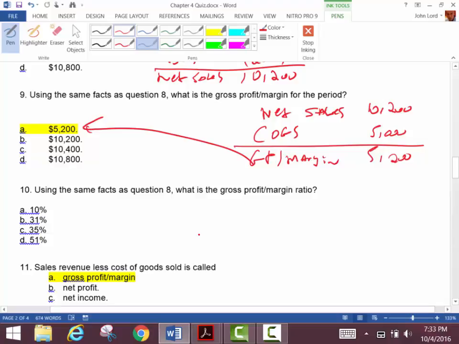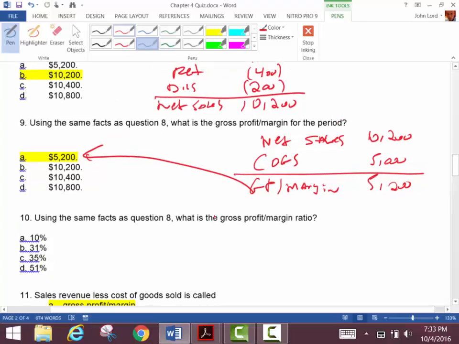Same facts as question 8. What is the gross profit margin ratio? We talked about this last time. Okay, well, we'll talk about it now then. Gross profit margin ratio is defined as my gross profit slash margin divided by net sales.